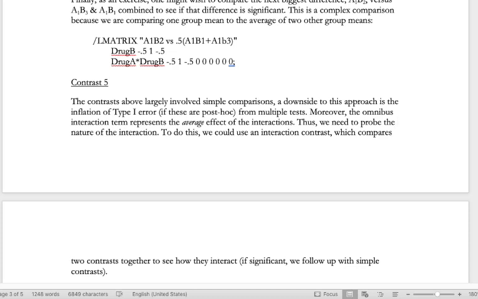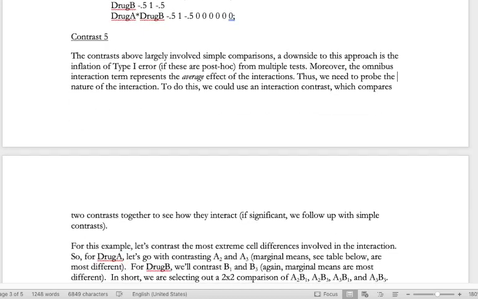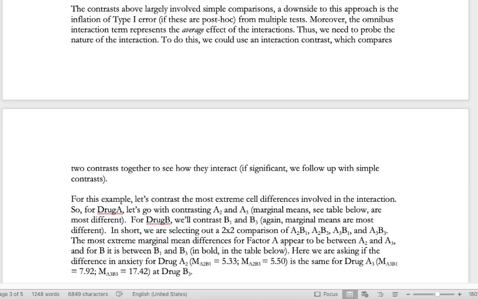Remember, once we start doing these interaction contrasts, instead of seeing is there a difference between these 2 points, we're looking at is there a difference between these differences? Or, put another way, are the slopes between these points different? So, for this, we're going to look at the most extreme cell differences.